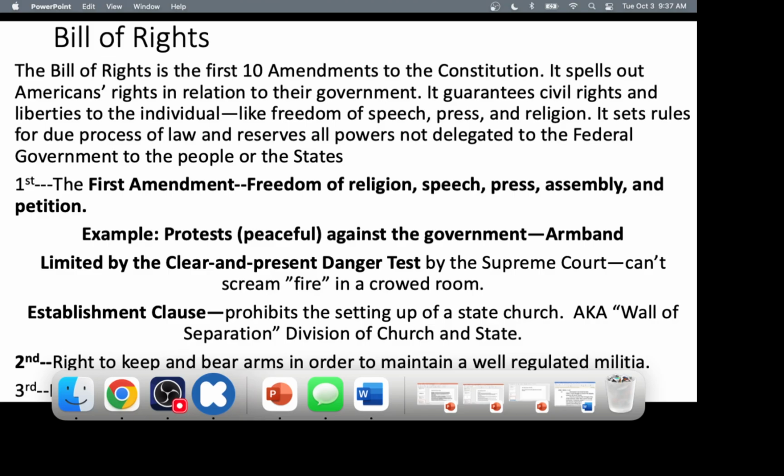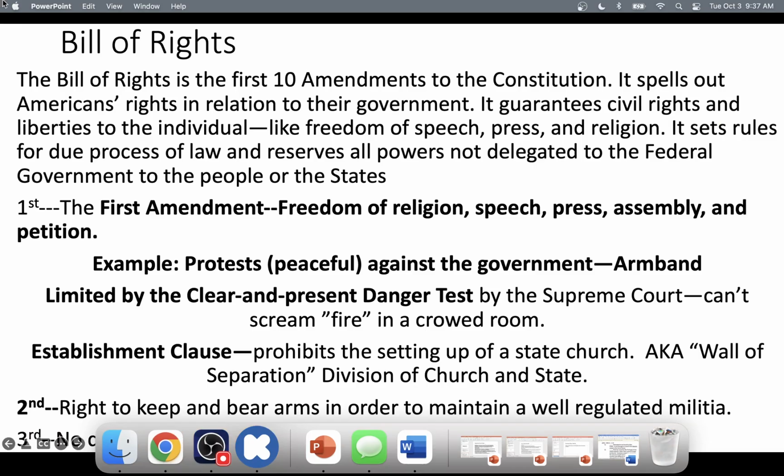It is supported by the clear and present danger test. What Supreme Court case gave us the clear and present danger test? Schneck versus United States. Write it down. Under clear and present danger test, you need to know it is Schneck versus the United States.